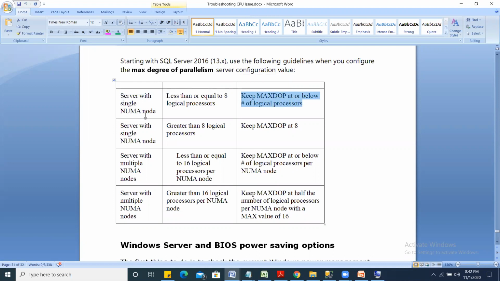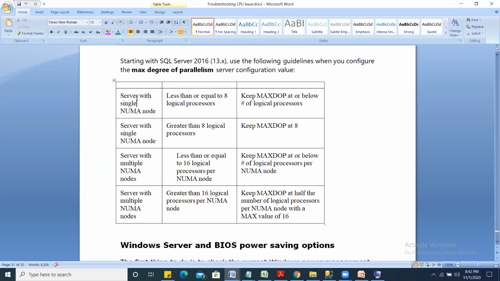It means that if I have 4, I can either set my max DOP value to 2 or 4. But the best practice is if you have 4 processors on a virtual machine, then go with 2, not with 4. If you have a physical server, it's fine. You go with all processors.